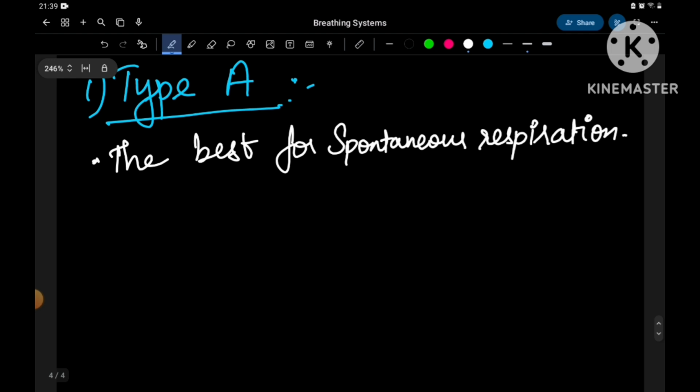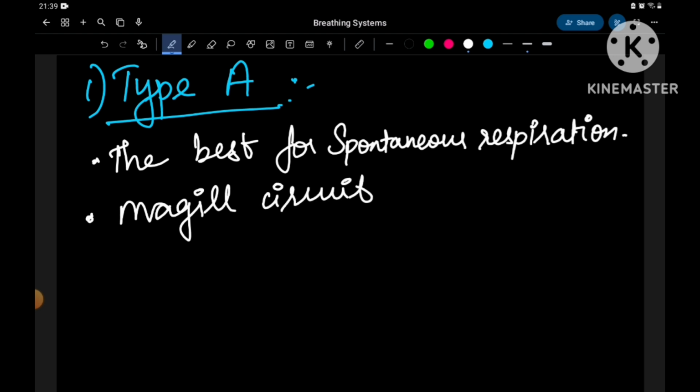Okay. Number 2. It is also known as Magill circuit.